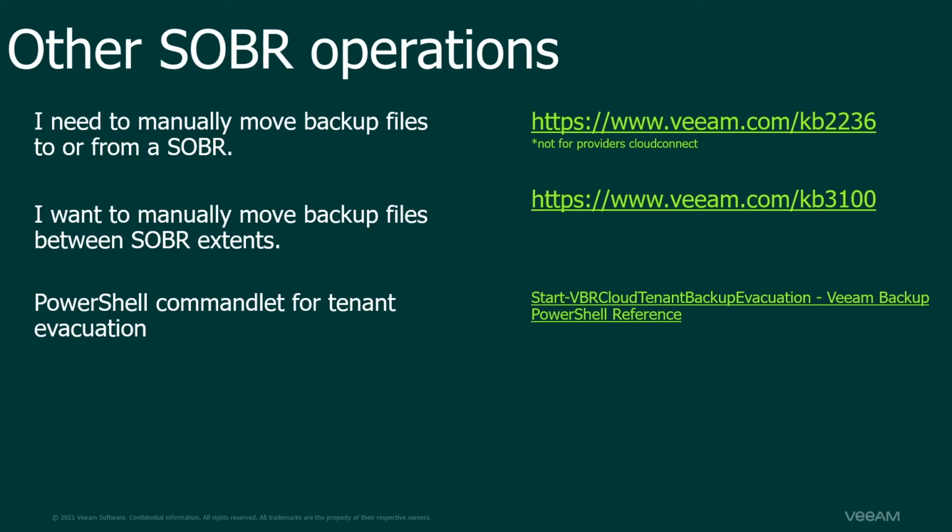For the PowerShell people among us, we also have a nice PowerShell cmdlet for tenant evacuation. It's called Start-VBRCloudTenantBackupEvacuation. You can find it in the Veeam Backup PowerShell reference guide.